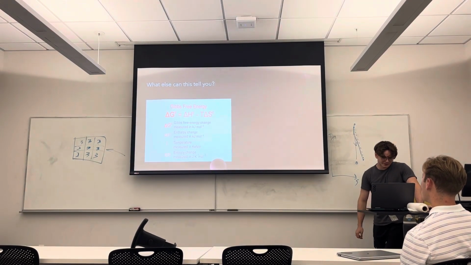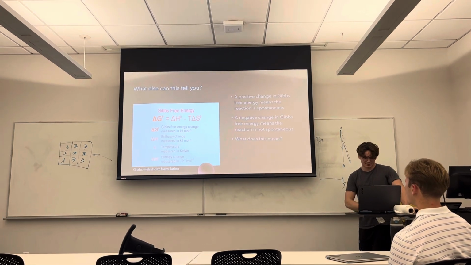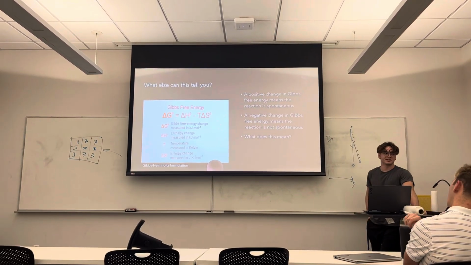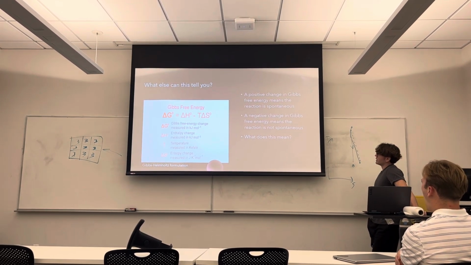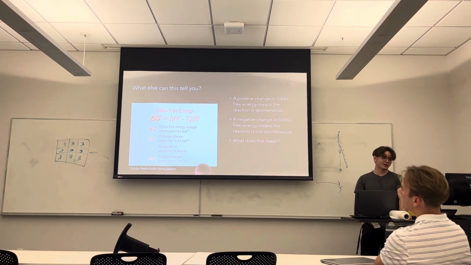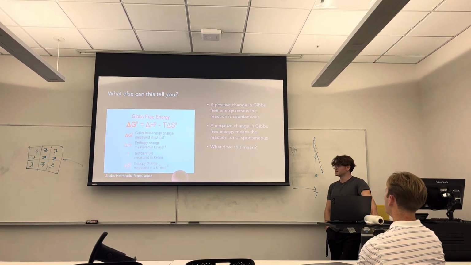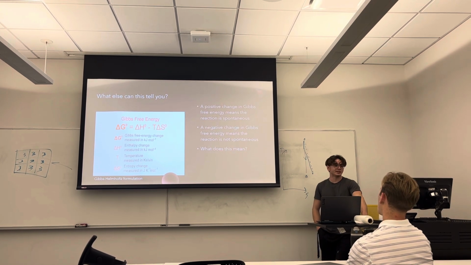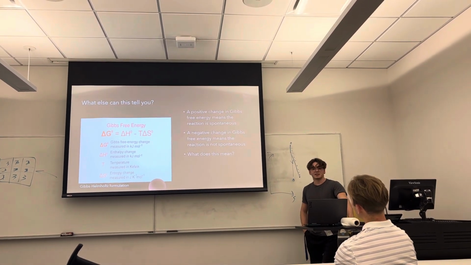So what else can this tell you? When you take the derivative of the previous and look at the changes in the system, this will also tell you whether or not a reaction can become spontaneous. If you have enough entropy, which means the particles have a higher energy distribution, they're more disordered, that means they move a lot faster.